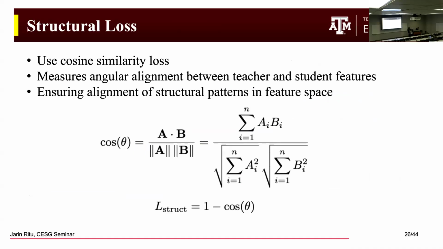The benefit of cosine similarity is that it's only about direction, not magnitude. If the student has weaker feature activation but in the same direction as the teacher, we get high cosine similarity, and as a result our loss is low. But if the student's alignment is in a different direction, we get low cosine similarity with the teacher, and high loss.